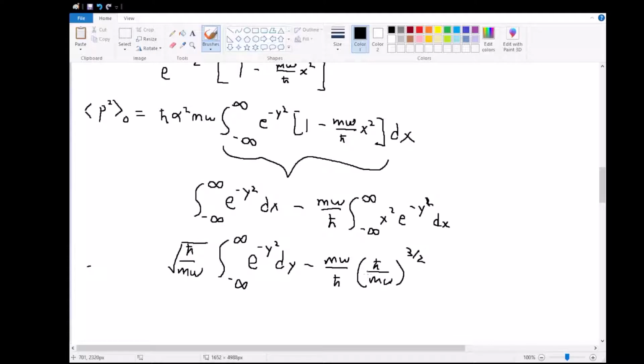So these cancel out, so this is 3/2 minus 1, which is just going to give us 1/2, so this entire thing is actually just equal to square root. This is minus square root h bar over m omega times the integral from negative infinity to positive infinity of y squared times e to the negative y squared times dy.